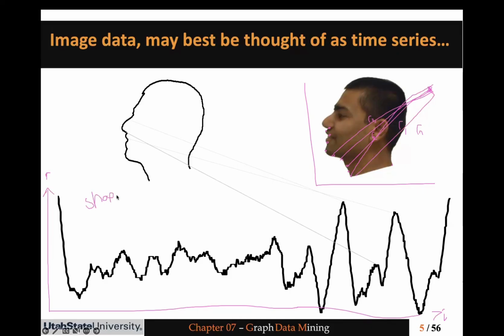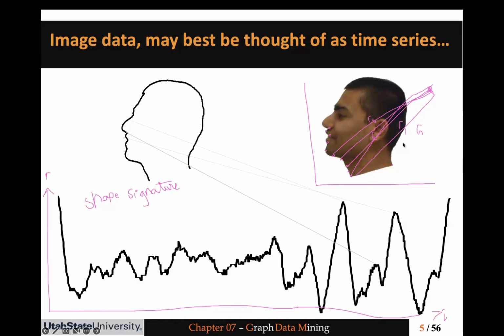In fact, a shape signature can uniquely identify any object in 2D or 3D space. So this is a very powerful mechanism to recognize objects based only and solely on their signal, producing a time series here.